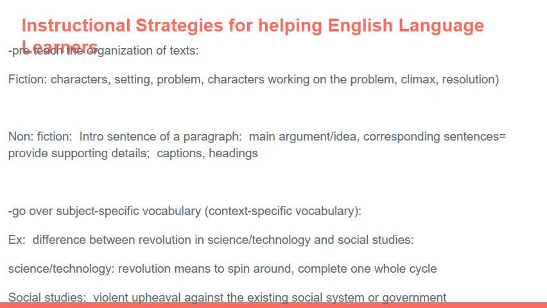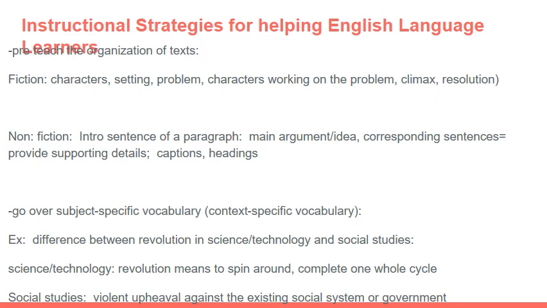Moreover, as a teacher, you could also go over subject-specific vocabulary or context-specific vocabulary. So in science or technology, for example, the word revolution means to go around in a circle or complete one cycle.